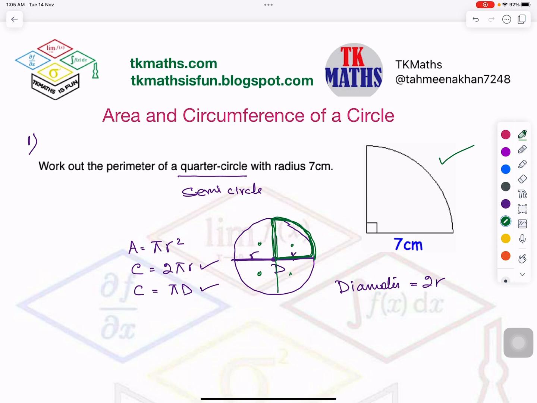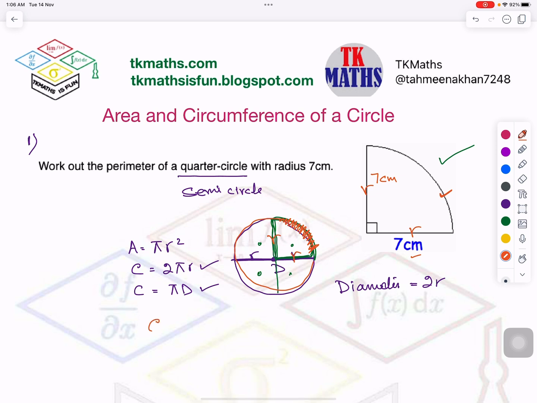Now in a quarter circle, you can see very clearly, you have a radius here and you have a radius here. So this is your radius and this is your radius. So if this is 7 centimeter, this is also 7 centimeter. It is not written here, but it is an understood thing. Now coming to this part. What is this part? How will I find out the length of this? If you look at this, basically this portion is 1/4. Yes or no?